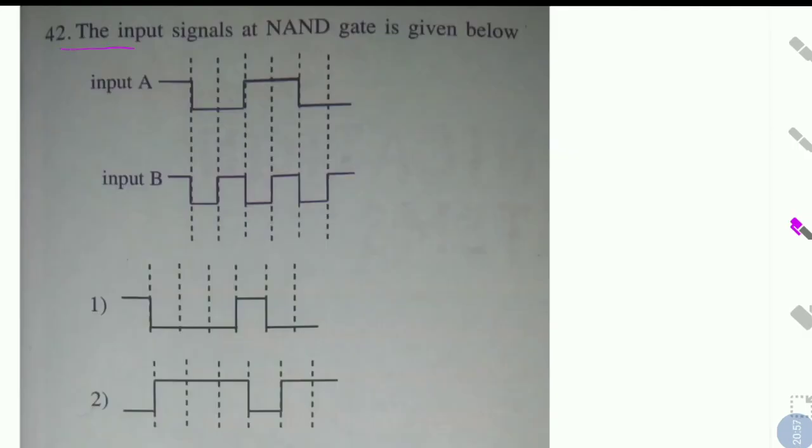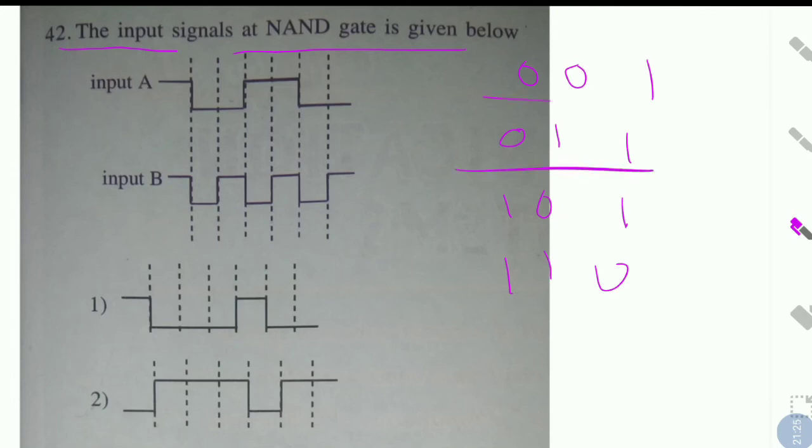The input signals at NAND gate are given below. NAND gate truth table: 0 0 1, 0 1 1, 1 0 1, 1 1 0.